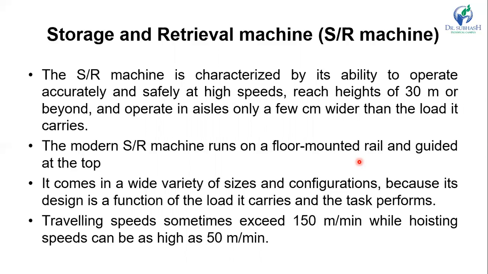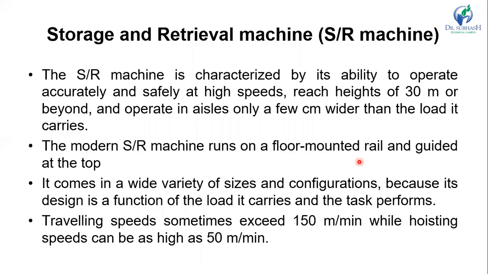So the modern SR machine can run on a floor mounted rail and guided at the top. It comes in a wide variety of sizes and configurations because its design is a function of the load it carries and the task it performs.